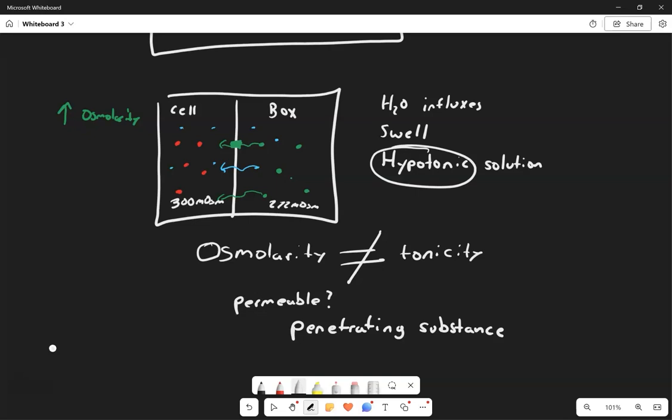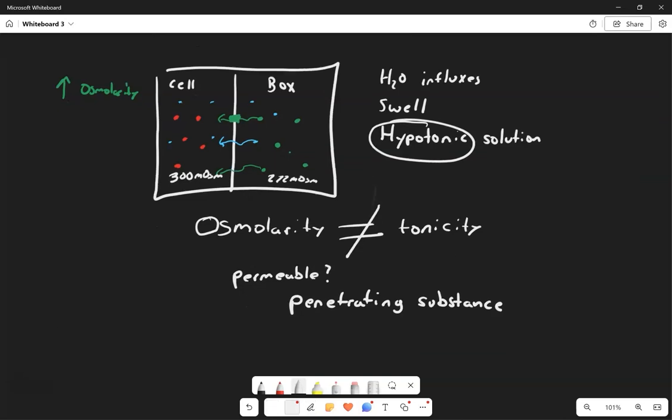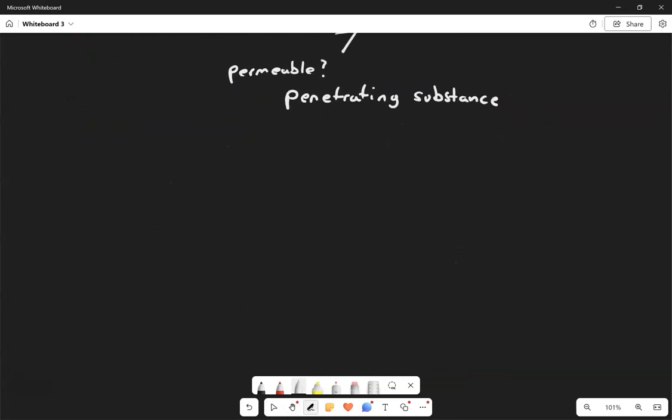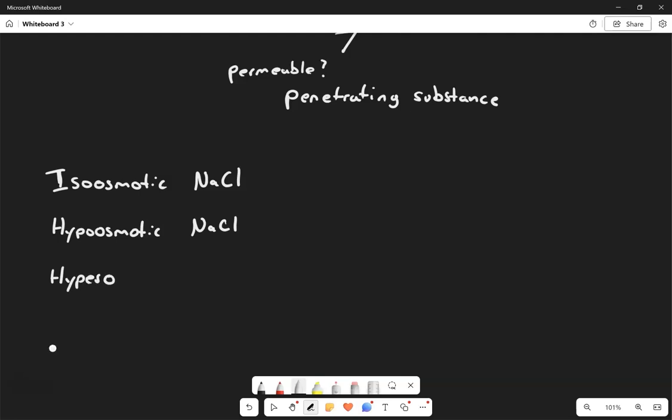So think about, right, what would happen if I had six different solutions, right? I had, let's go with isoosmotic sodium chloride. I had hypoosmotic sodium chloride. I had hyperosmotic sodium chloride. And then I had isoosmotic urea.